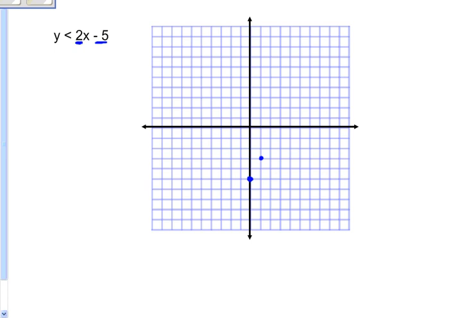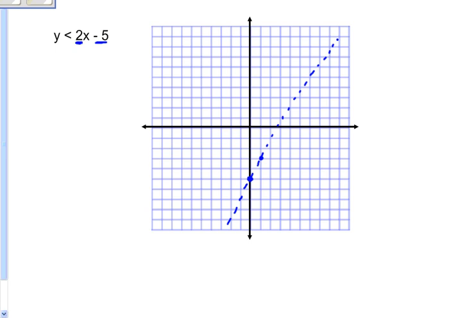It was a less than sign, and it did not have an equal to bar. So that means that I'm going to draw a dashed line. I'm going to try to draw this to the best of my ability. Okay, a dashed line, an ugly one, but it's a dashed one.